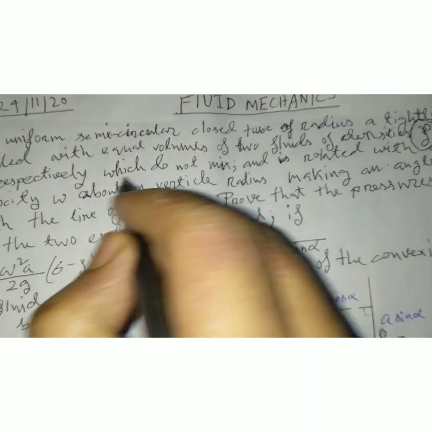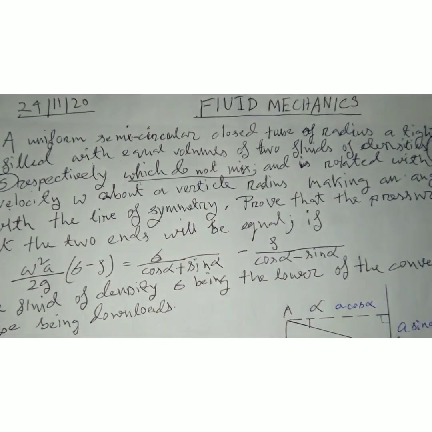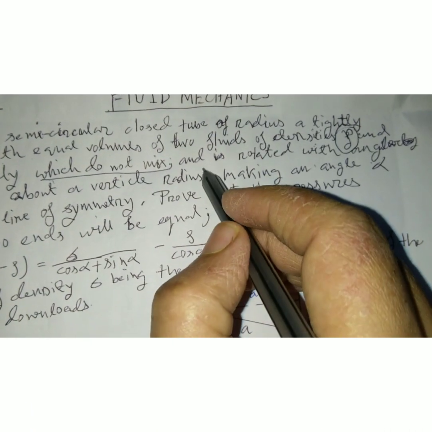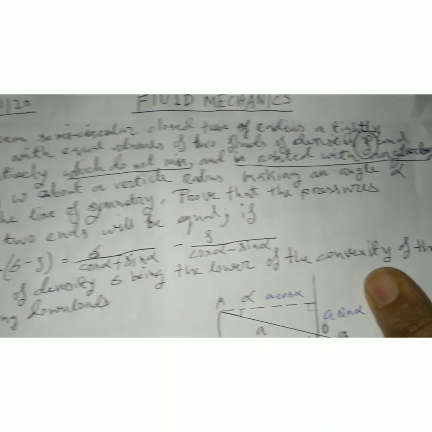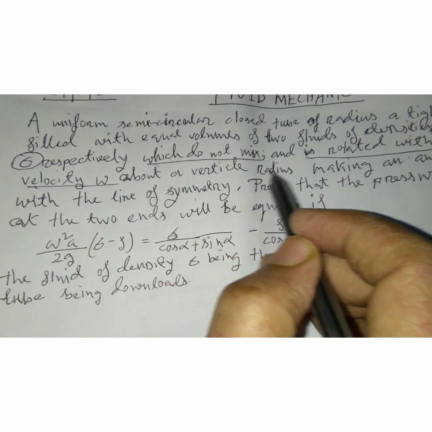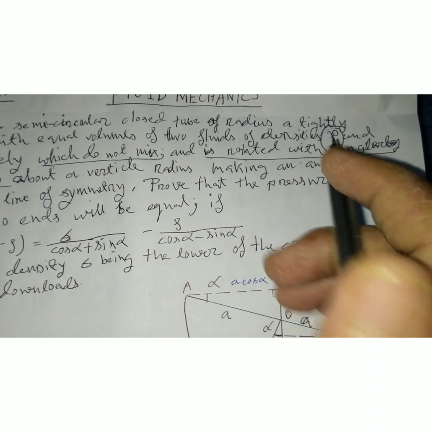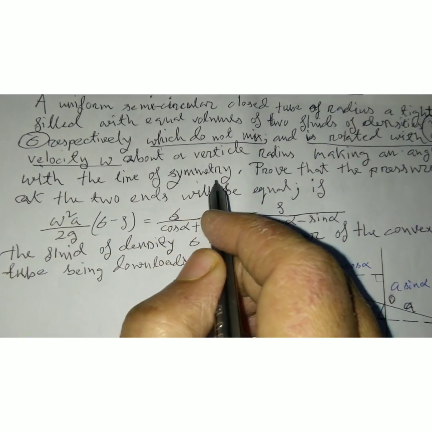This is also important, they are not mixed, and is rotated with angular velocity omega about a vertical radius, making an angle alpha with the line of symmetry.